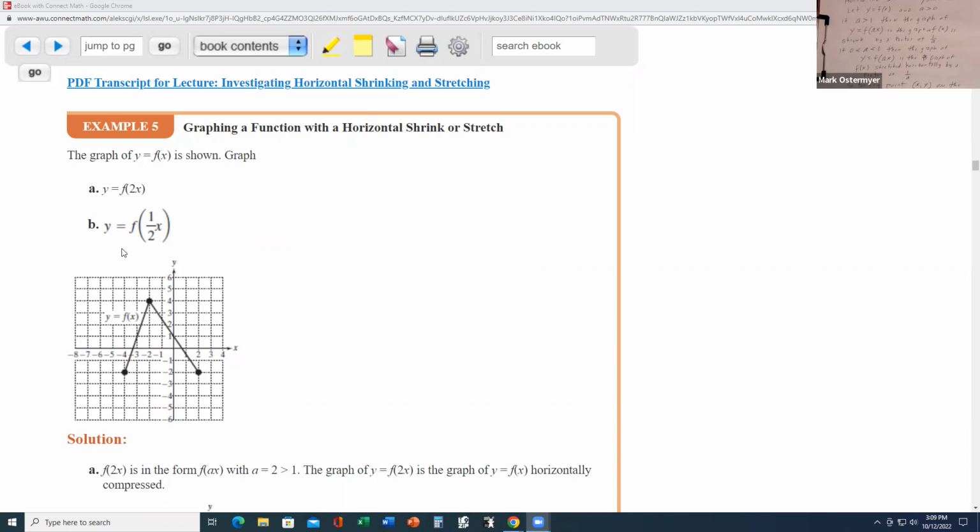I'm sorry, I'm looking at B here. All right. We'll do B, then we'll do A. So B, yes, f(1/2 x), we're multiplying the argument of the original parent function x by 1/2, which is going to cause the graph of f(x) to experience a horizontal shrinking or stretching. What do you think?